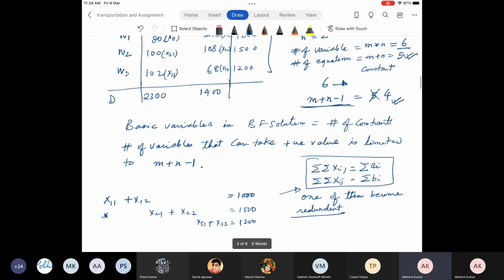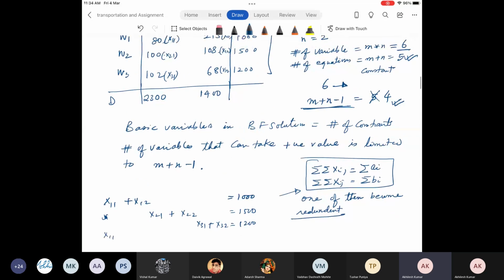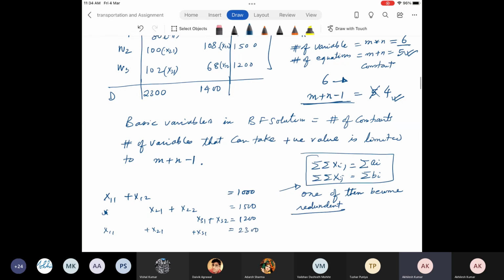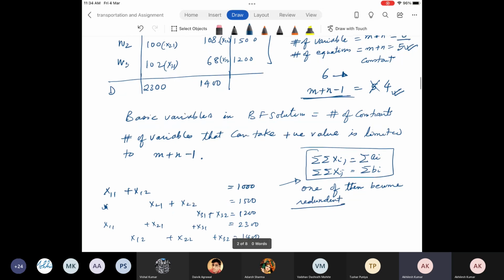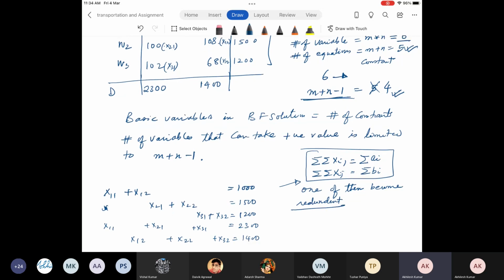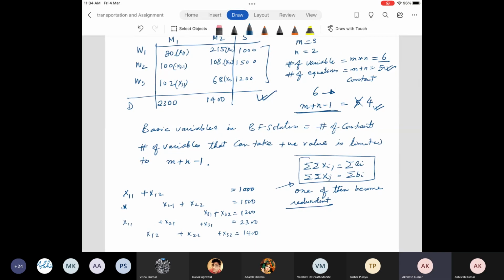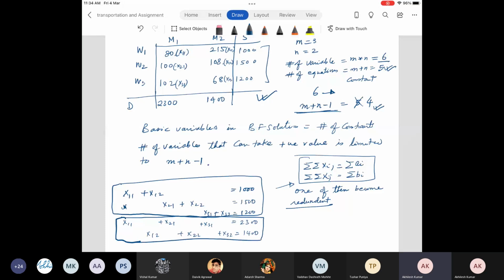Now column wise, if I add it up, x11 plus x21 plus x31 equals 2300 and x12 plus x22 plus x32 equals 1400. Have I written the constraints right for this problem or not? So these are your supply constraints and these are your demand constraints. Is this correct?